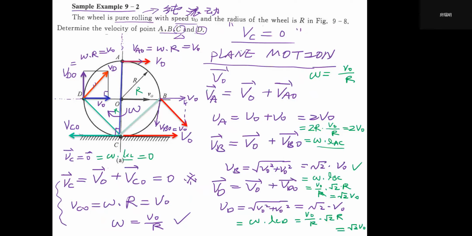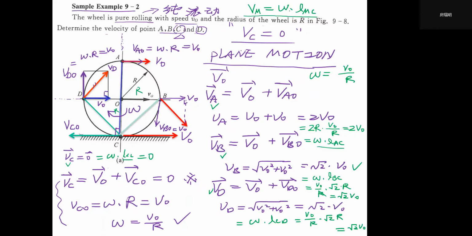Although we used the composition method to find VA here, VB here, VD here, and VC here, it is more like we have another relationship: for any other point M on the wheel, VM is always equal to omega times LMC.